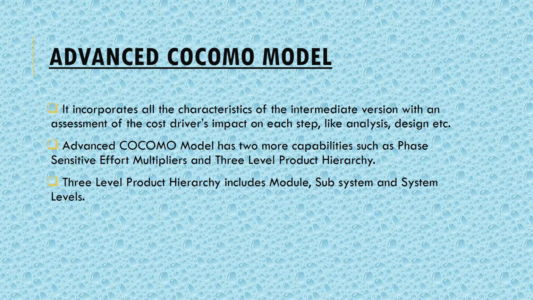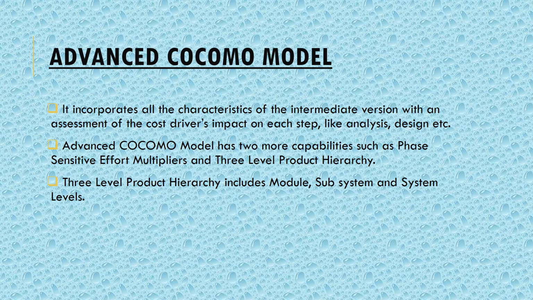And in addition to these cost drivers, this advanced COCOMO model has two more capabilities. Like phase sensitive effort multipliers, that will help us to determine how much manpower will be required, or how much manpower will be allocated to the project during the development process in each phase. And the second, we have the three level product hierarchy.